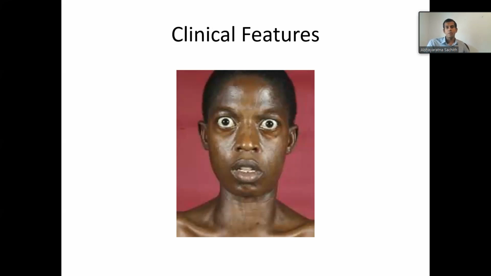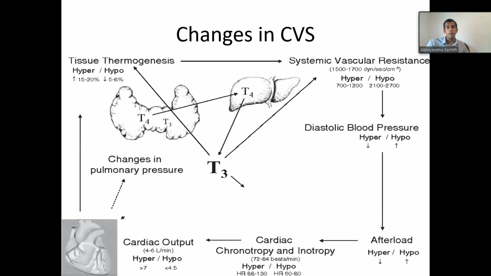Right, so the clinical features, I'm sure you have learned about them, and some of you have seen these patients as well. If it is severe hyperthyroidism, it's very characteristically diagnostic. You see all the features and it can be very easily diagnosed. When you take the signs and symptoms, you're mainly concerned about the cardiovascular effects because they cause more problems.